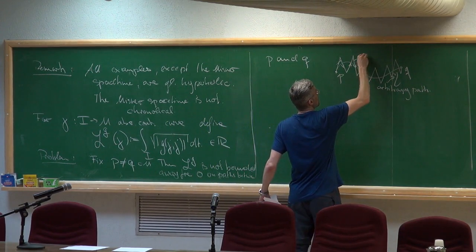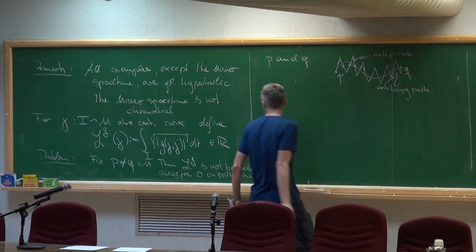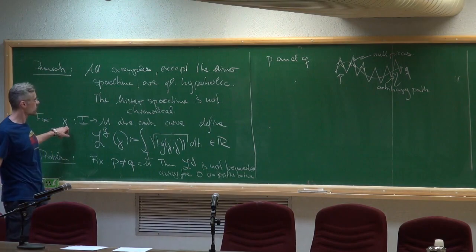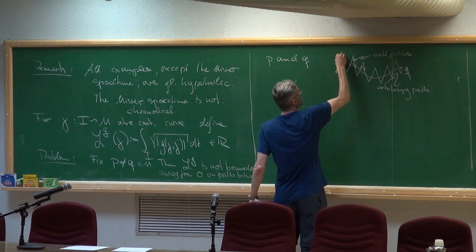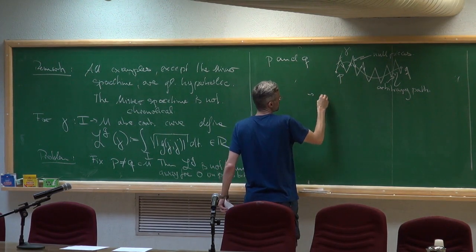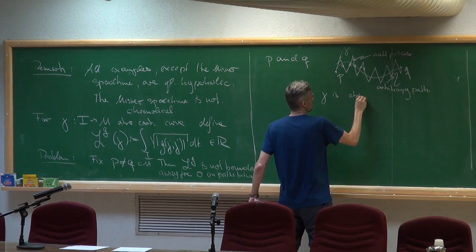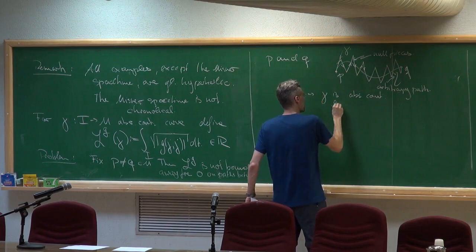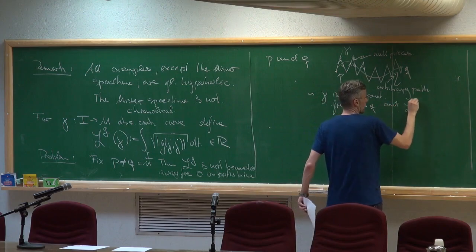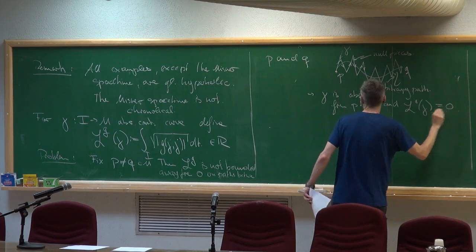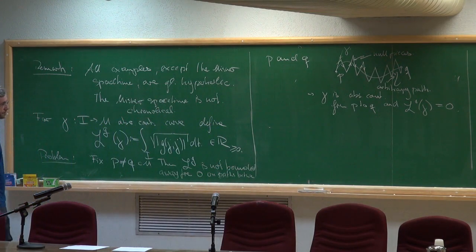These are null pieces. Since I made absolutely no restriction on what geometric properties this curve has, I get this curve gamma. So gamma is actually Lipschitz, but especially absolutely continuous from P to Q, and the length of gamma is 0. I mean, of course, this is always a non-negative real number.